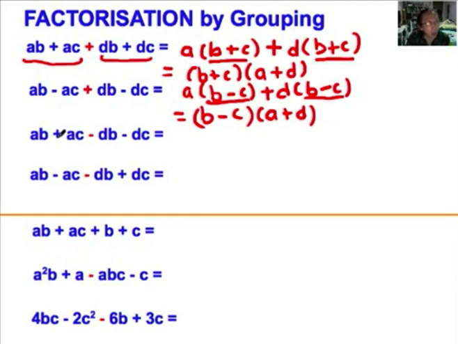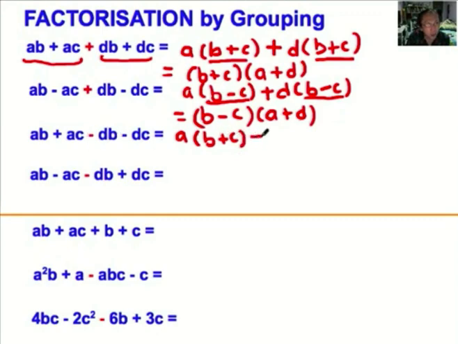We must now pay attention to the last 2 examples. In the first group, we have a common factor of A, giving us B plus C in brackets. Now the sign in the middle is negative.